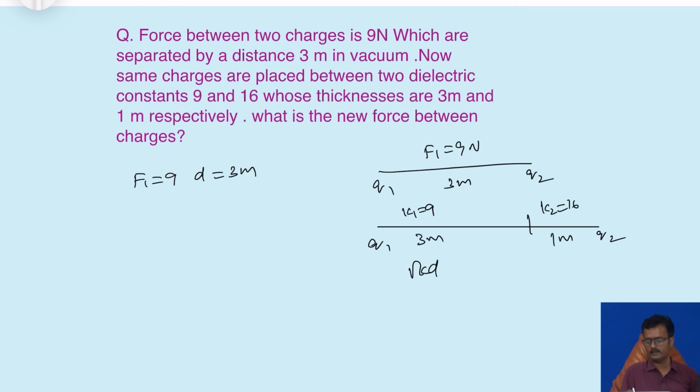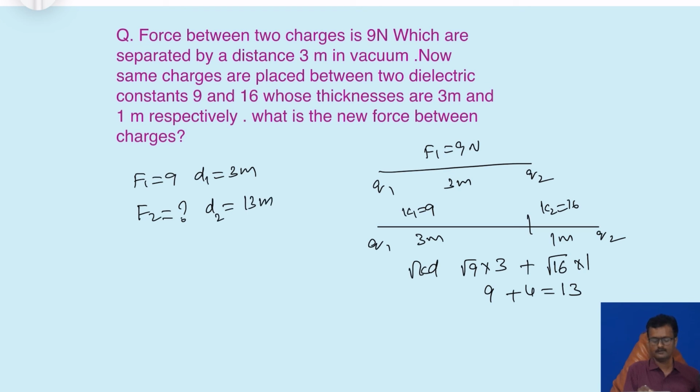So root 9 into 3, plus root 16 into 1. 3 into 3 is 9, 4 into 1 is 4, 4 plus 9 is 13. F2 is the question mark, and the new distance is 13 meters.